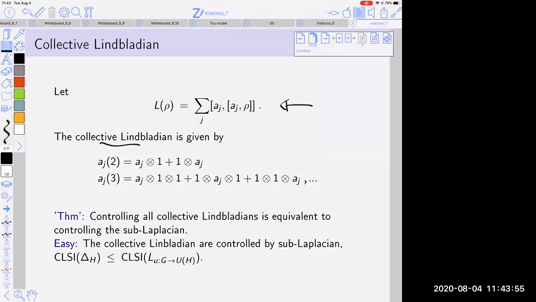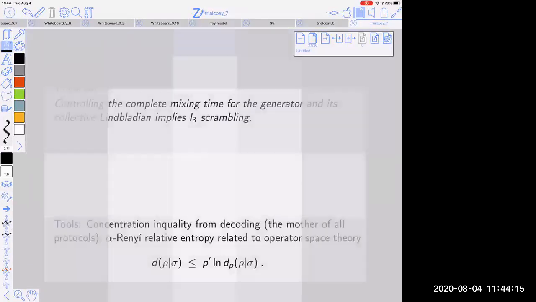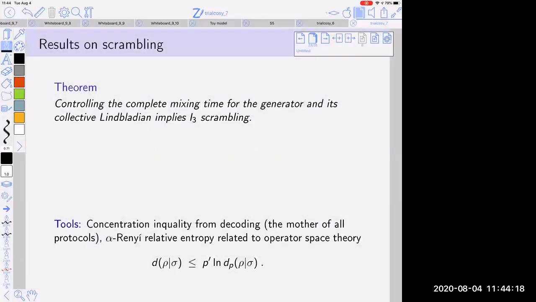And then what we can show is that if you control all collective Lindbladians, then we actually have to control the group differential operator and vice versa. So that's the philosophy. If you control all collective ones, then we have to essentially understand the commutative system with matrix valued coefficients. Good, so that gives us an idea. But we do have a result on scrambling. Here it is.